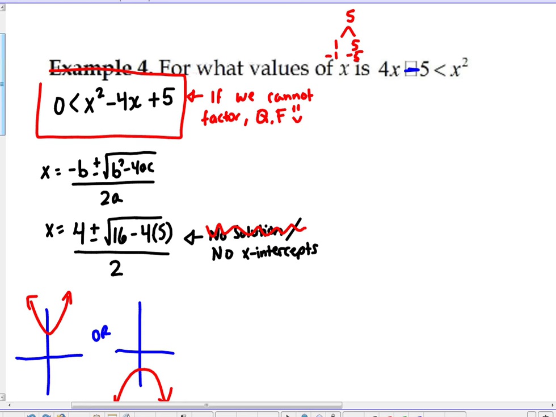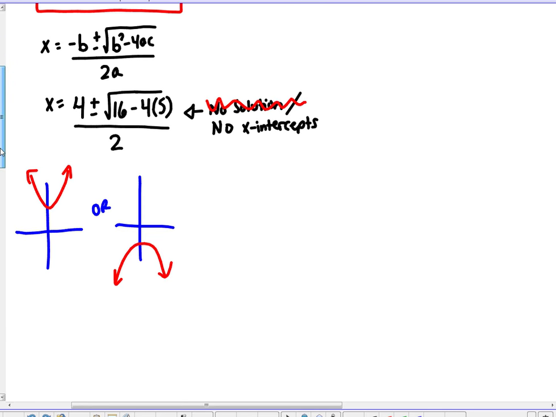X squared minus 4x plus 5 has to be greater than 0. So we want where the graph is positive.